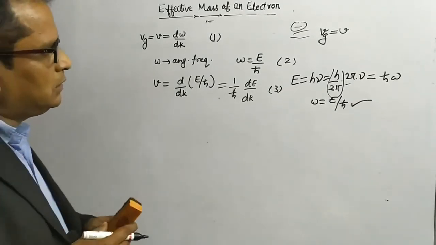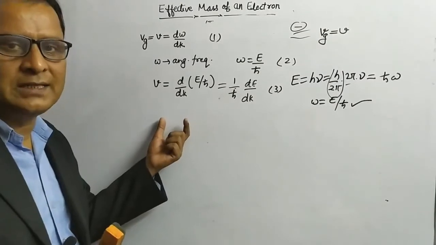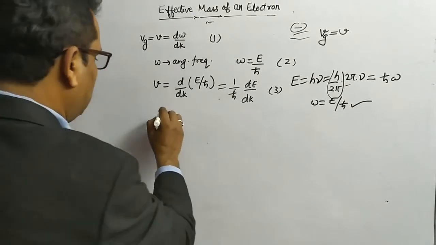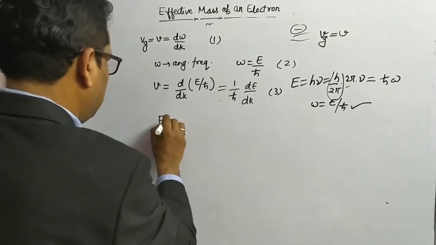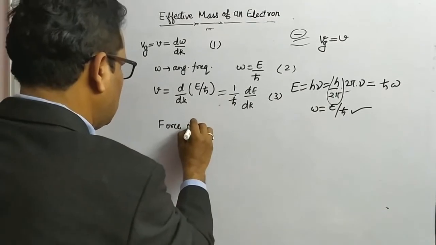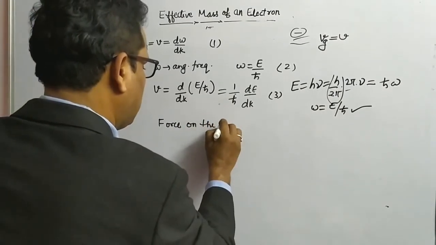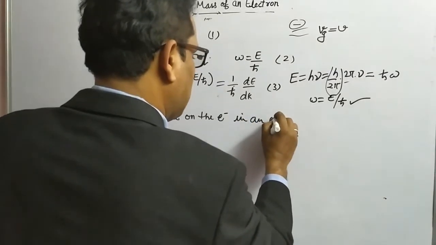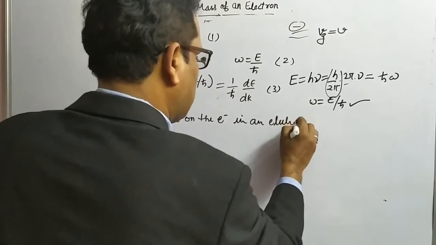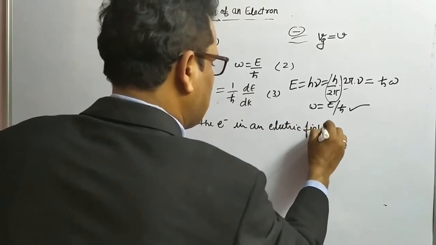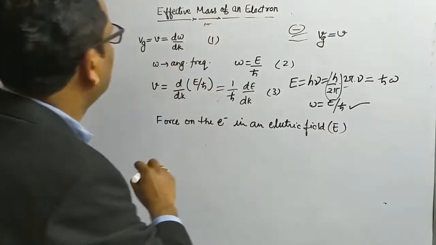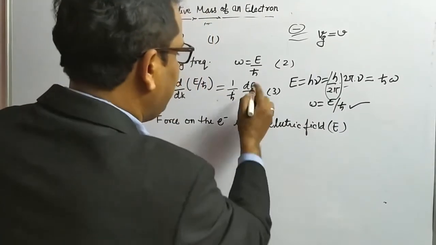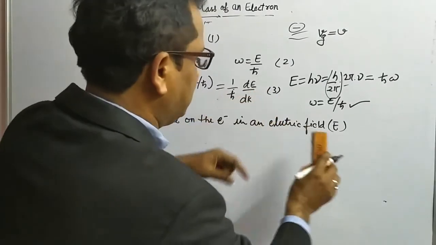Now when this electron is placed in an external field, the force on the electron in an electric field E. I should not be using E as electric field because I have used E for energy.